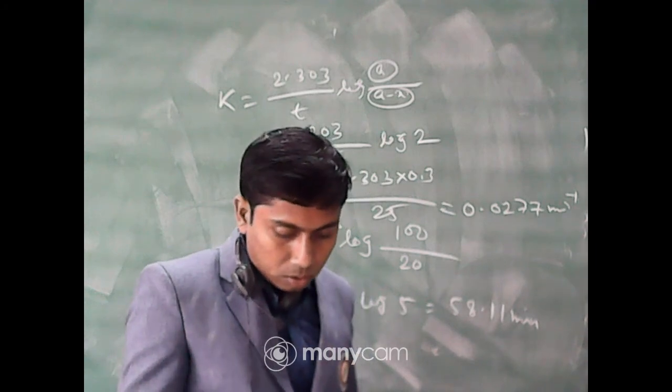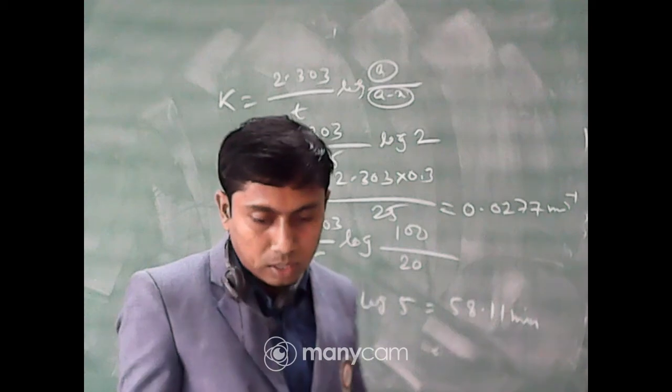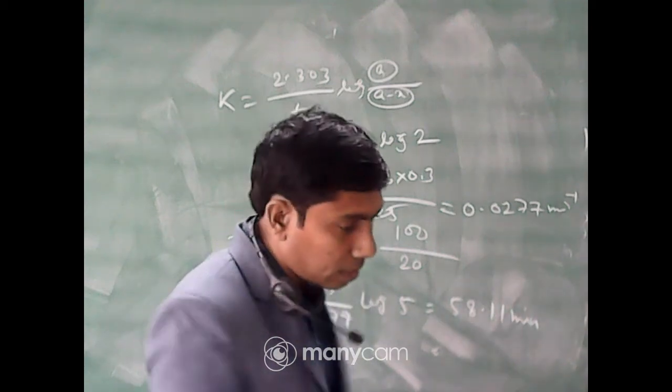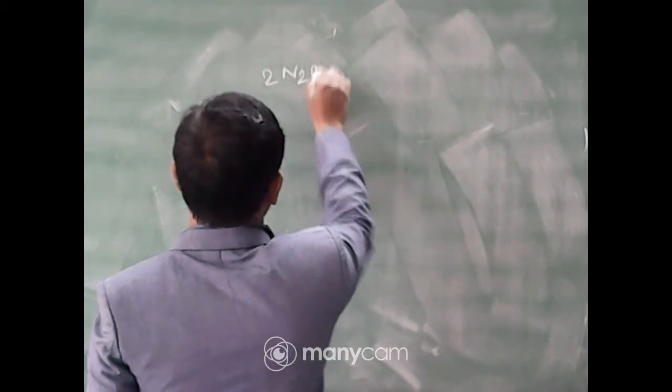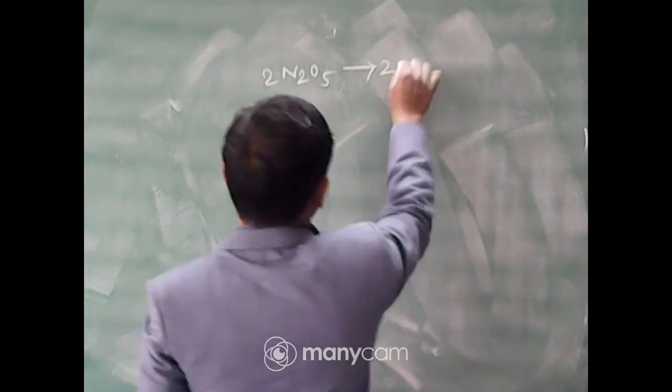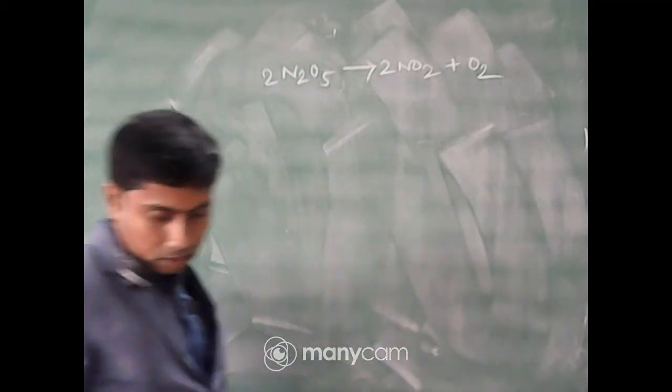Now coming to one pressure type question, that is when the reactants are gaseous in nature. For this, one equation is to be written: 2N2O5 gives 2NO2 plus O2, all in gaseous state.